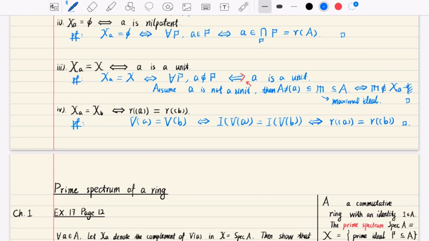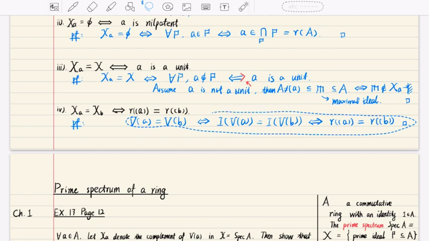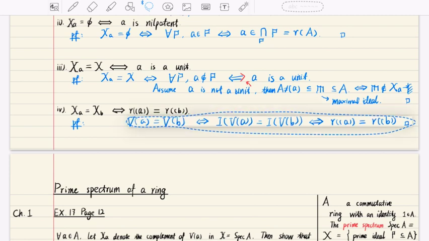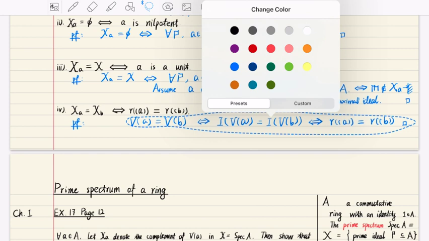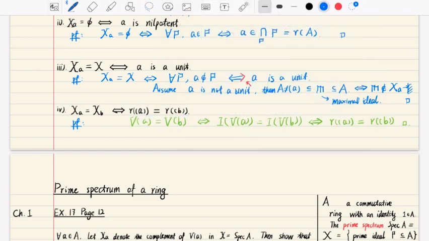Okay, if you assume you do not know the Nullstellensatz-type test, you will need to prove this. You can still easily prove this. Let's assume this is unknown. Let me change to another color. We just want to prove, from the very simple definition, V(A) equals V(B). What's the meaning of this?